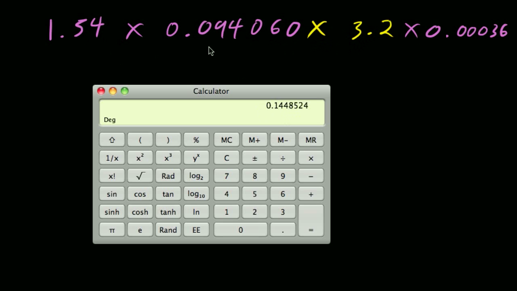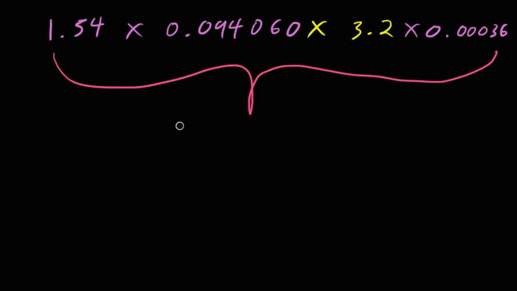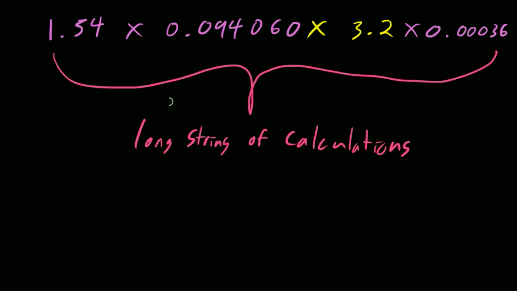So that's why it's important, and you haven't necessarily seen this yet, to have a long string of calculations. This whole thing is a long string of calculations, because it's nice to be able to just throw all of this into a calculator.